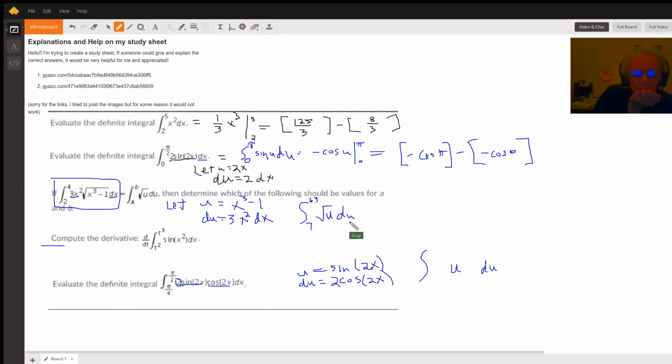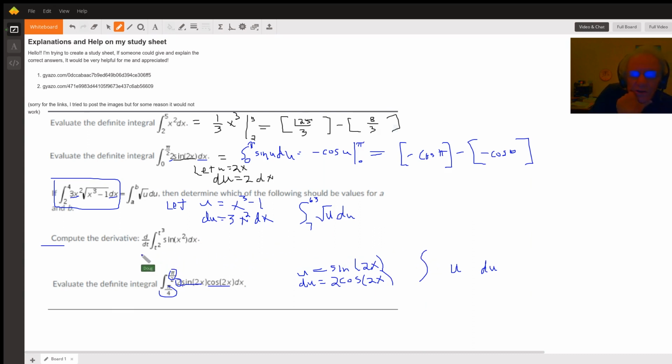So I'm down to u du. Question is, what are these new limits of integration? When x is pi over 4, put pi over 4 in for x. Evaluate the sine of that value. Put that here, and same for the upper limit. I'll let you take that away.